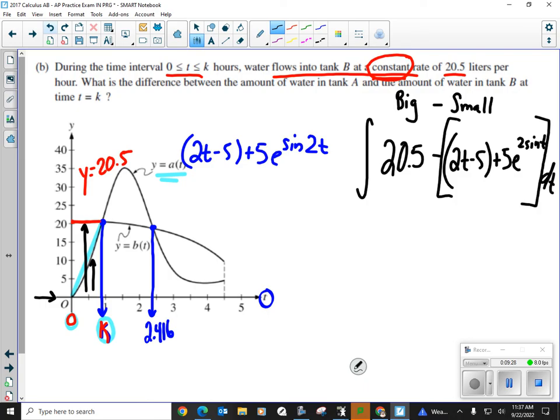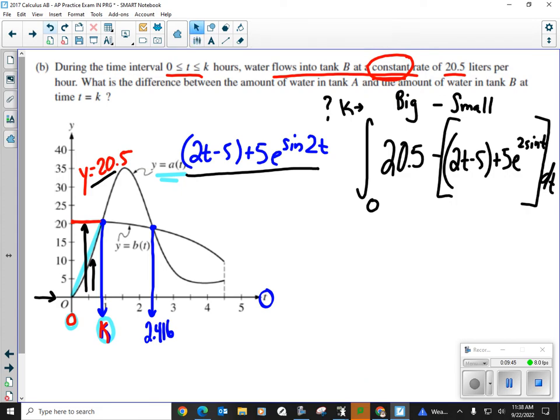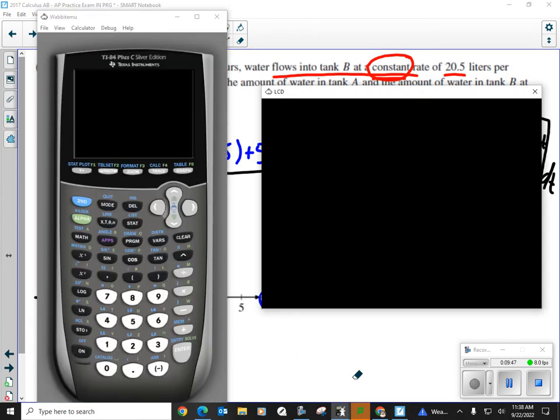All right? Here's the issue. My lower bound is from 0. My upper bound is k. I need to figure out what k is. Well, guess what? I'm going to put this in y1. I'm going to put this in y2, and I'm going to see where they intersect. Okay? Again, a calculator is required. Bam.